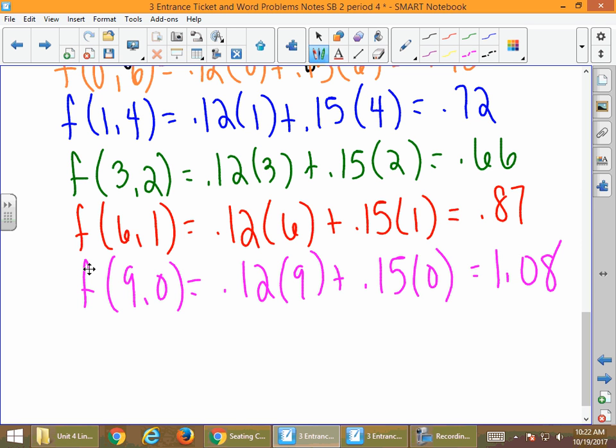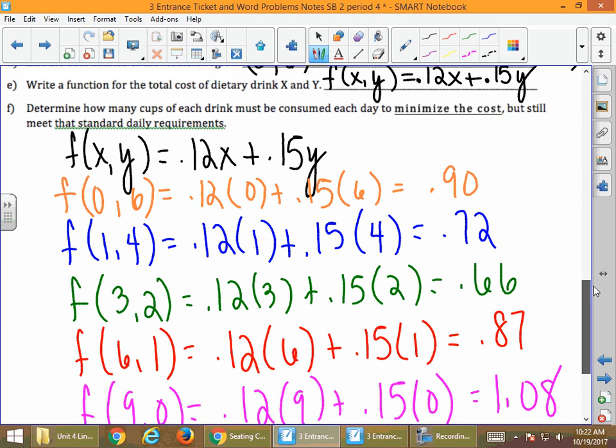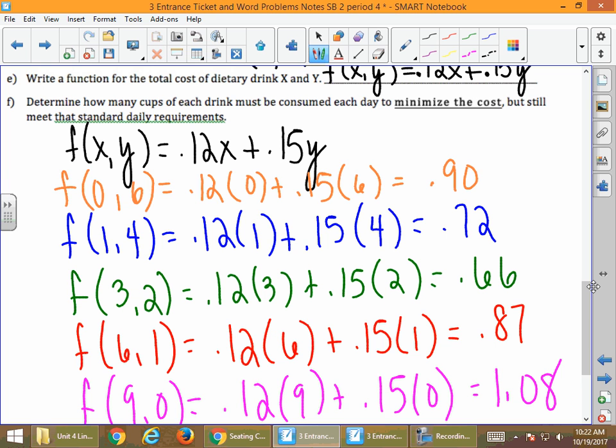Well, look at what the question is asking now to come up finally with our answer. Determine how many cups of each drink must be consumed to minimize the cost.